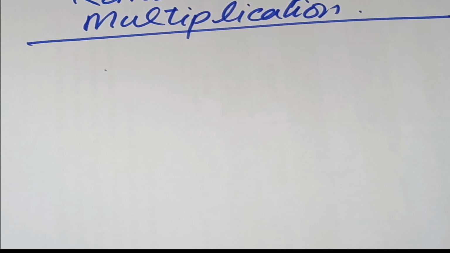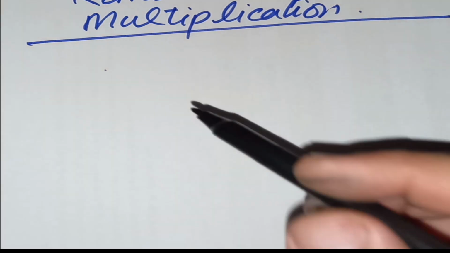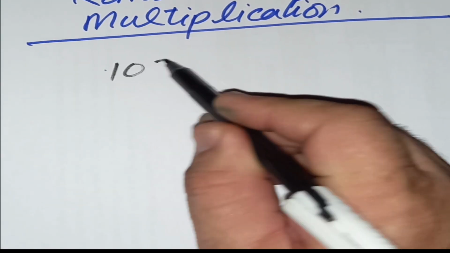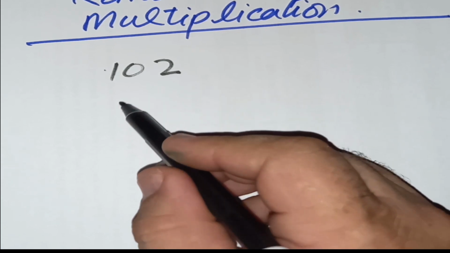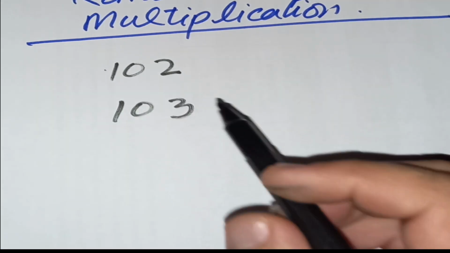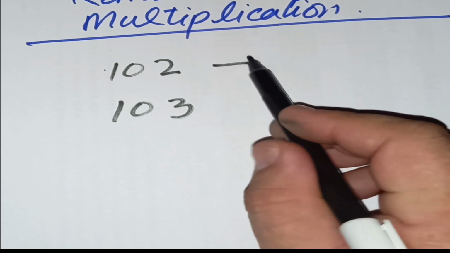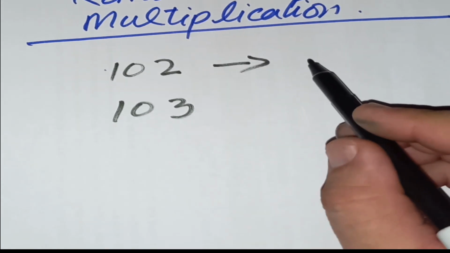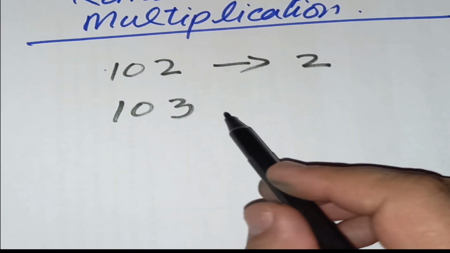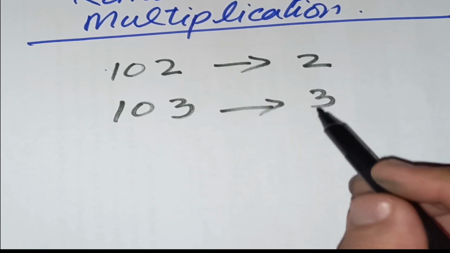Students, now we are going to find the shortcut trick for random number multiplication. Here we will take numbers that are nearer to 100, like 102 and 103. This is 2 more than 100, and this is 3 more than 100.